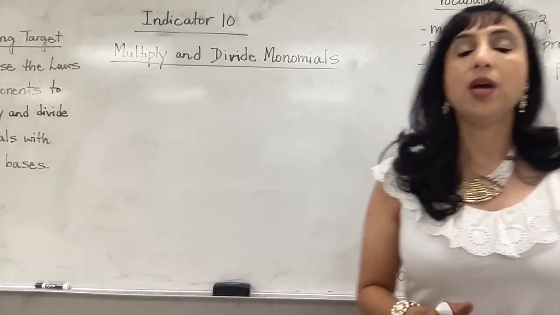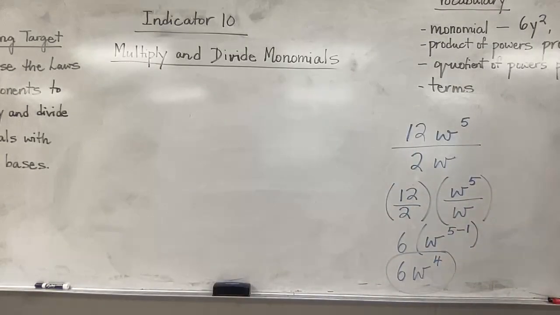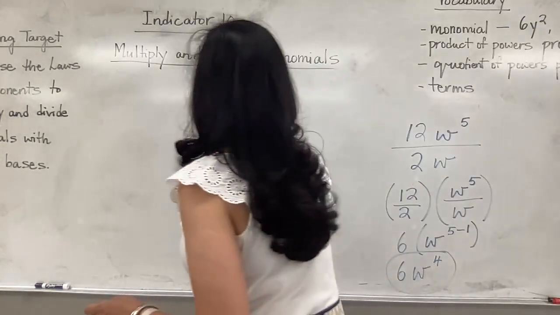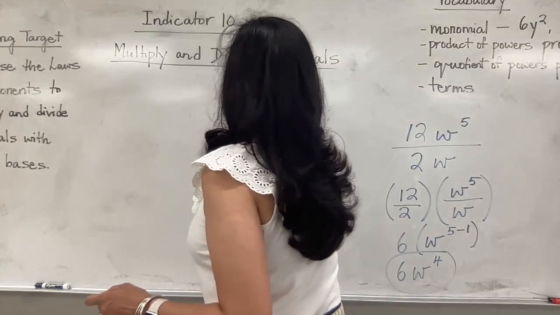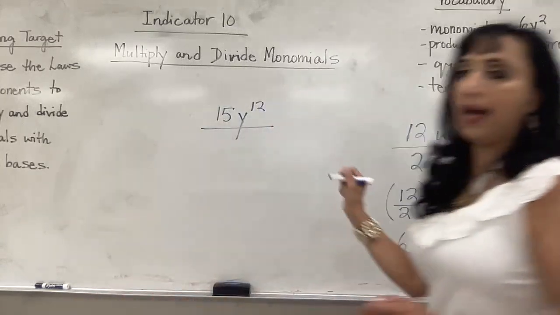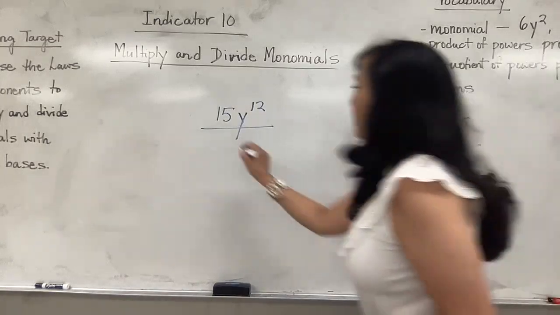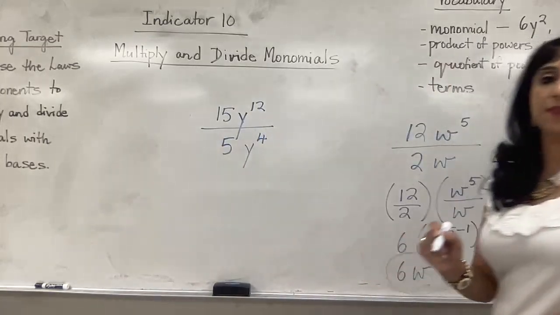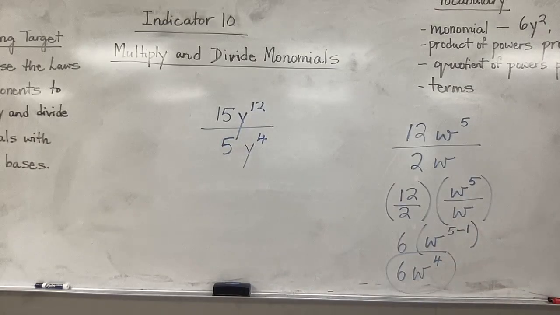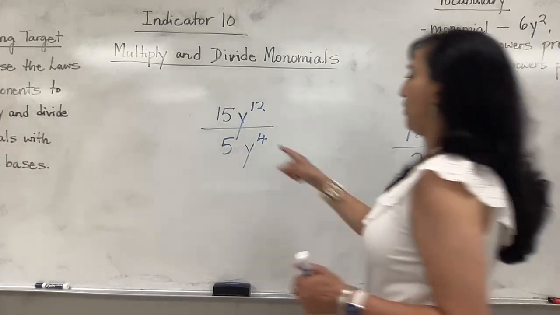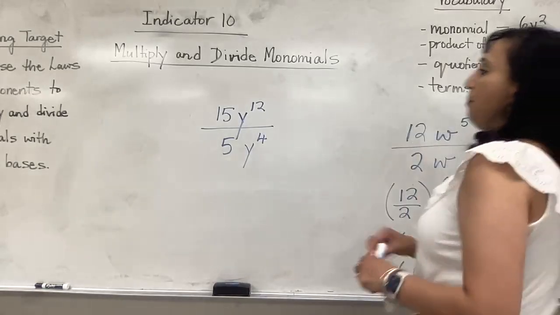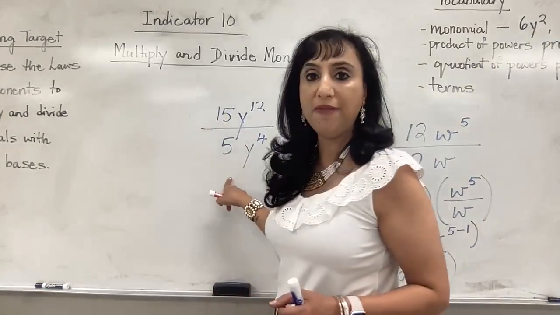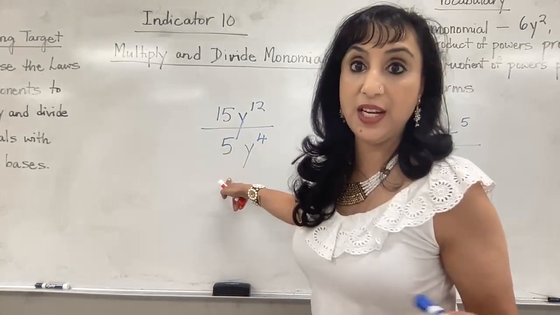Okay, so let's say I have a problem, 15y to the 12th power divided by 5y to the fourth power. So if I look at this straight up, I can look at the coefficients and I can simplify 15 by 5. How many times 5 is 15? 3.